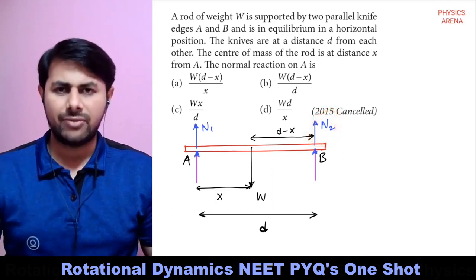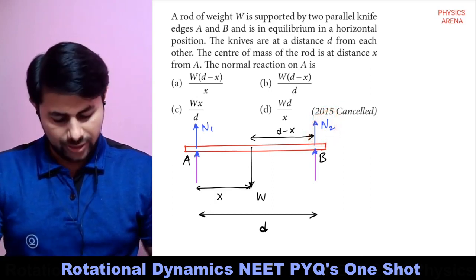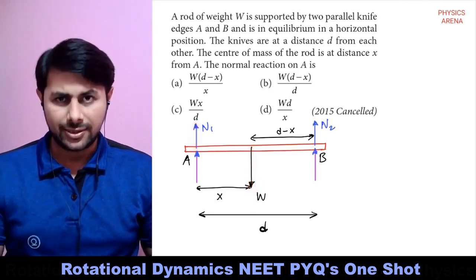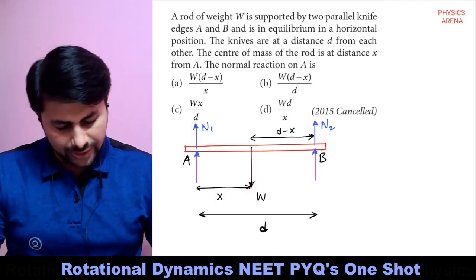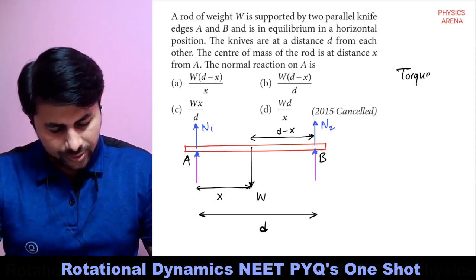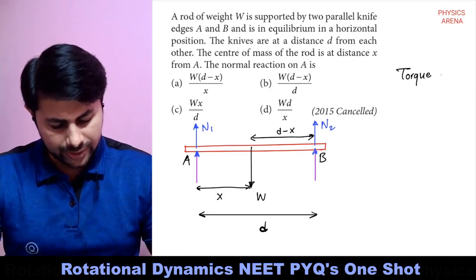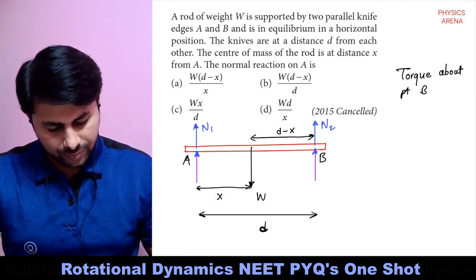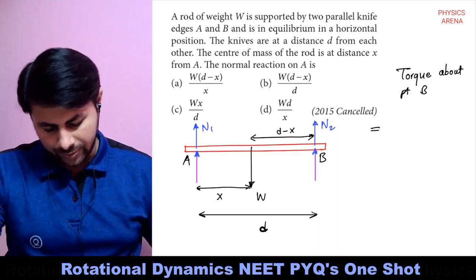So for rotational equilibrium, what do you need? Torque due to W and torque due to N1 should be balanced. Okay, so let's take torque due to all the forces about point B.